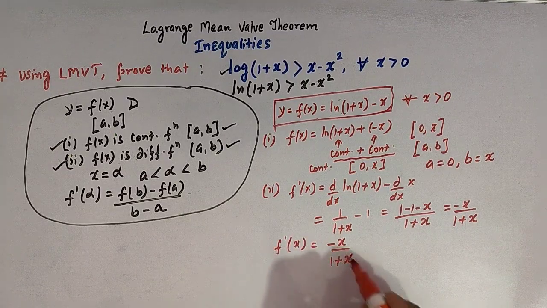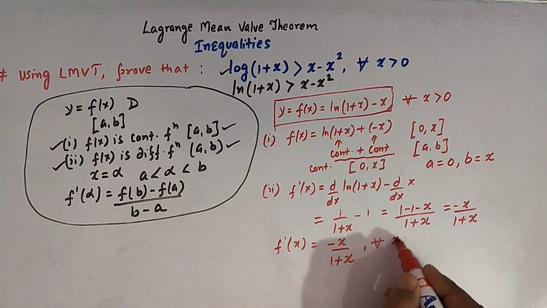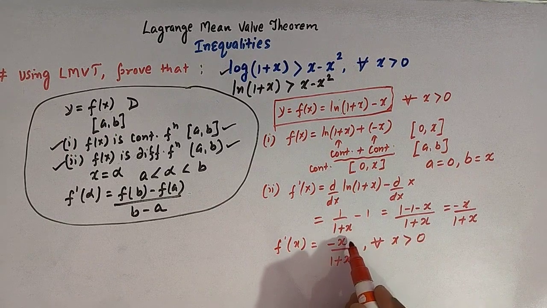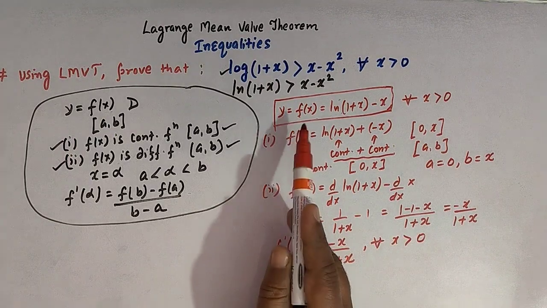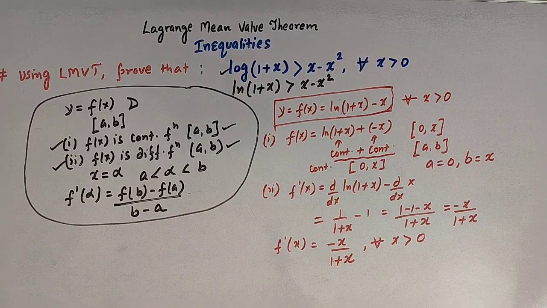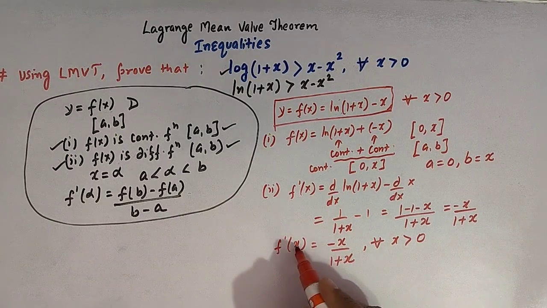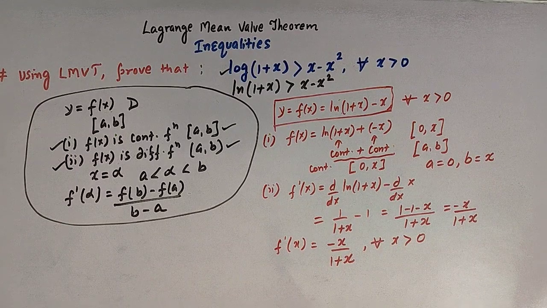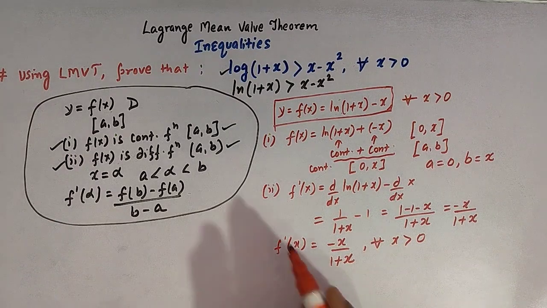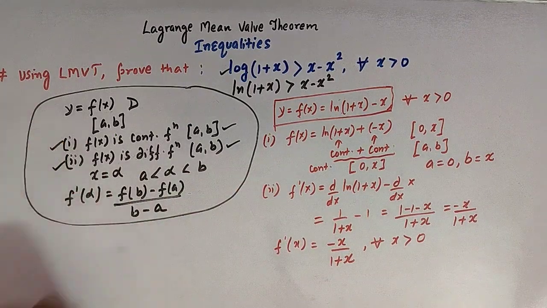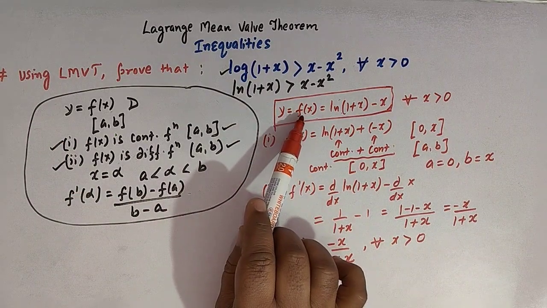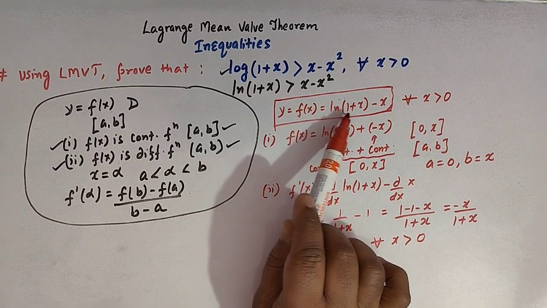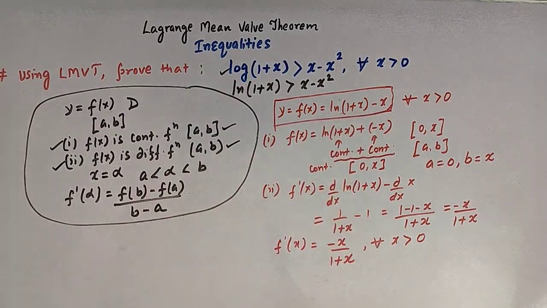And we can see that for all x greater than 0, this function f of x is differentiable, or f prime of x exists for all x greater than 0. So the two conditions of Lagrange's mean value theorem are satisfied by our function f of x is equal to log of 1 plus x minus x.